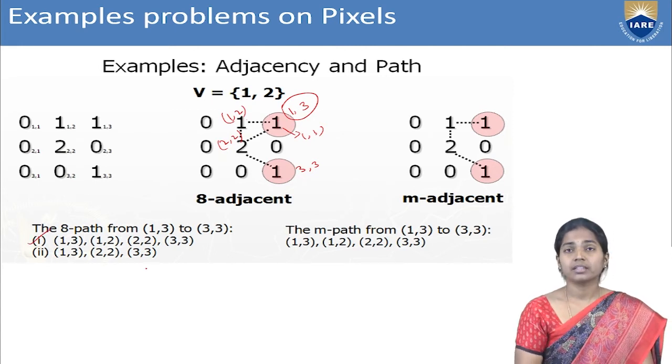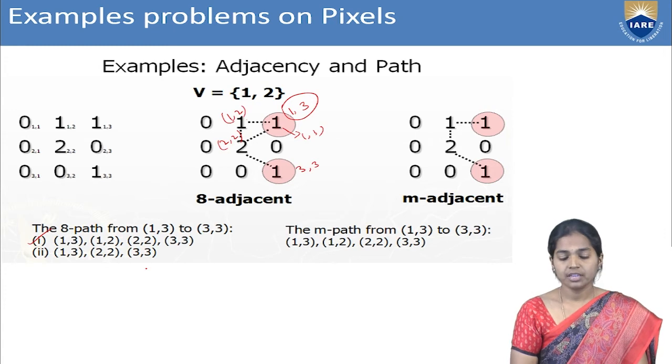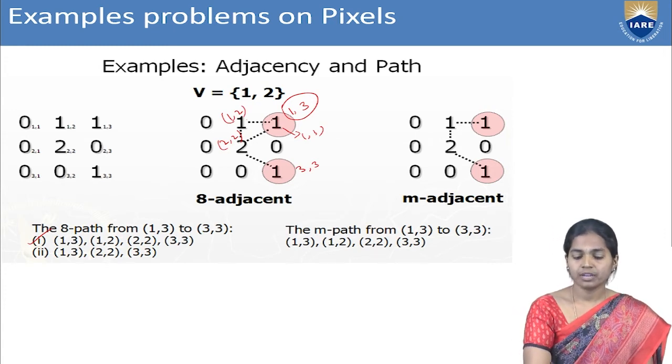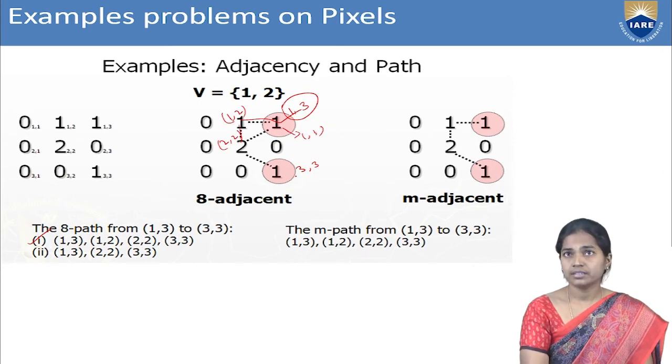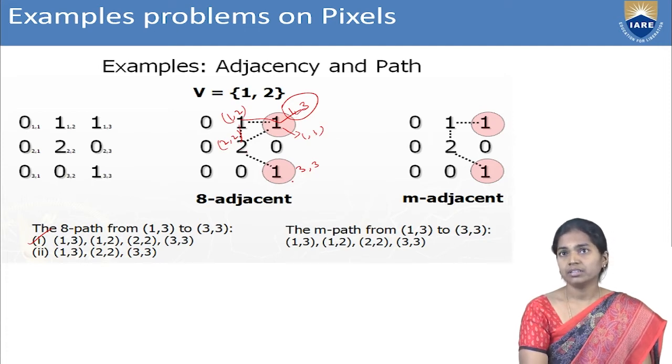The first path is 1,3, then 1,2, then 2,2, and then 3,3. And what about the second path? The second path is 1,3, then 2,2, then 3,3.